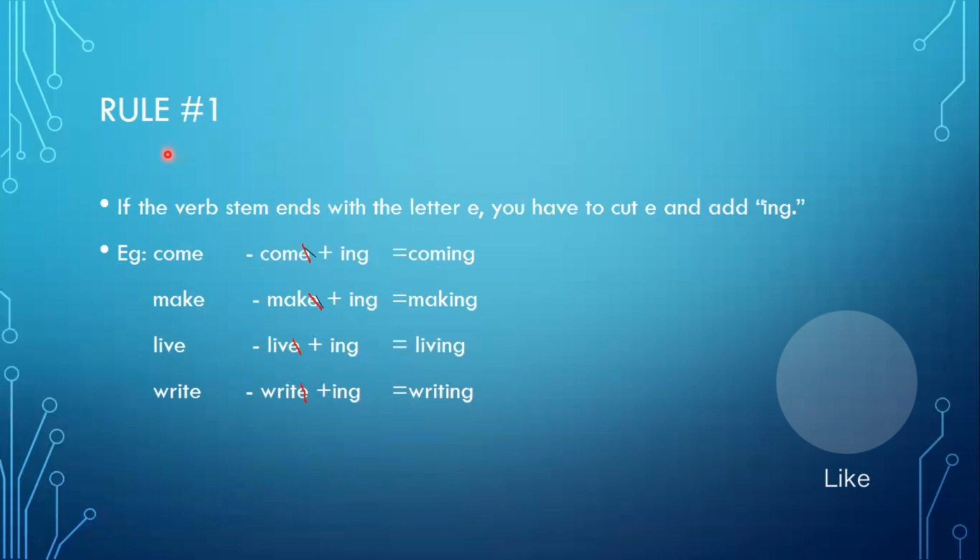So rule number 1 is, if the verb stem ends with the letter E, you have to cut E and add ing. Okay? Let's take an example. Here the verb come ends with the letter E. So we have to cut the letter E and add ing to turn it into present progressive tense. Then the verb come becomes coming.